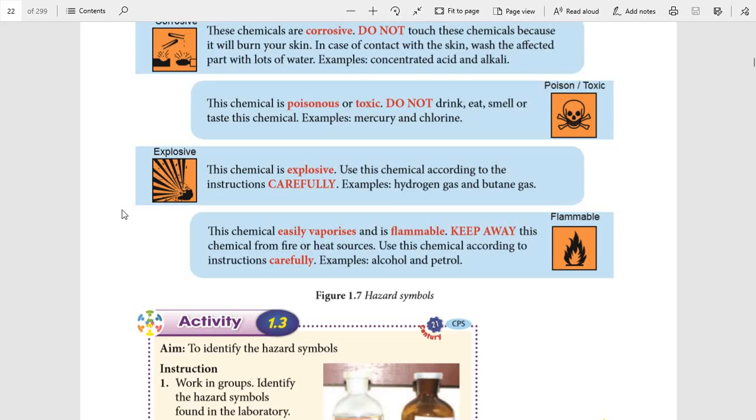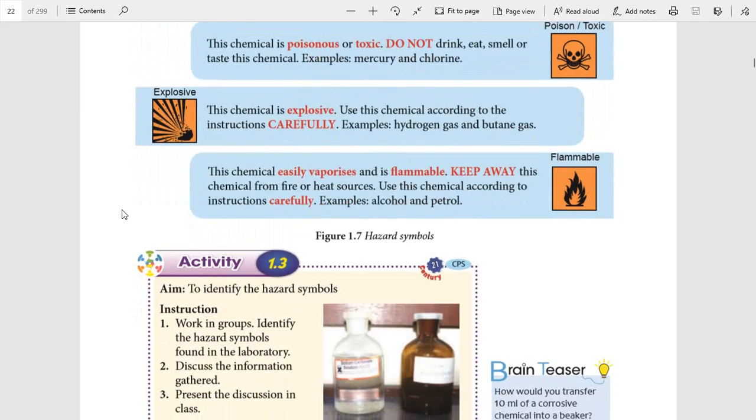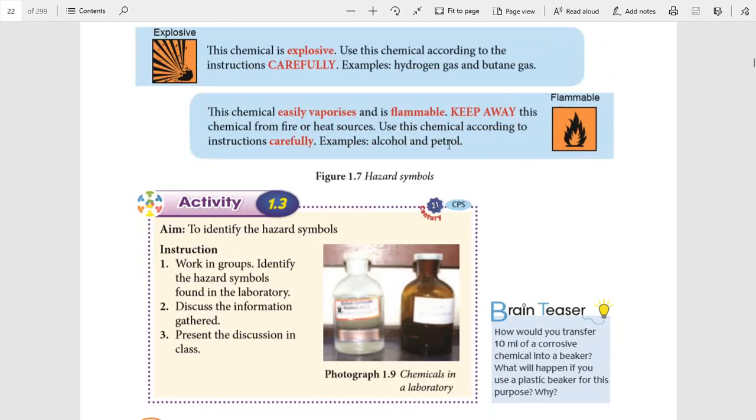Explosive. This chemical you need to use very carefully. Why? Because even a small amount of heat can make it explode, for example hydrogen gas and butane gas. Next, the symbol with the fire. This one is flammable, for example alcohol and petrol.